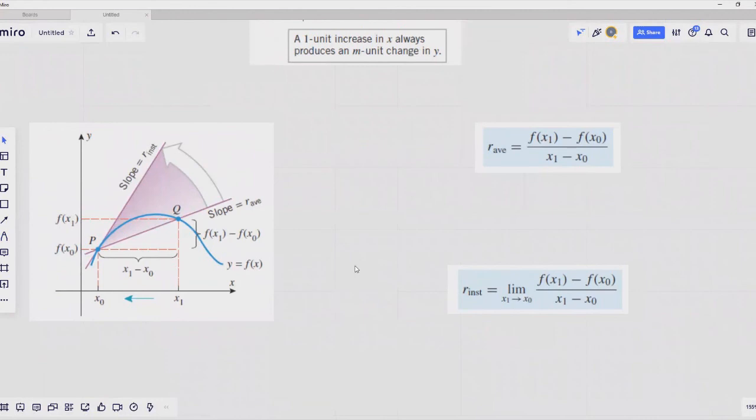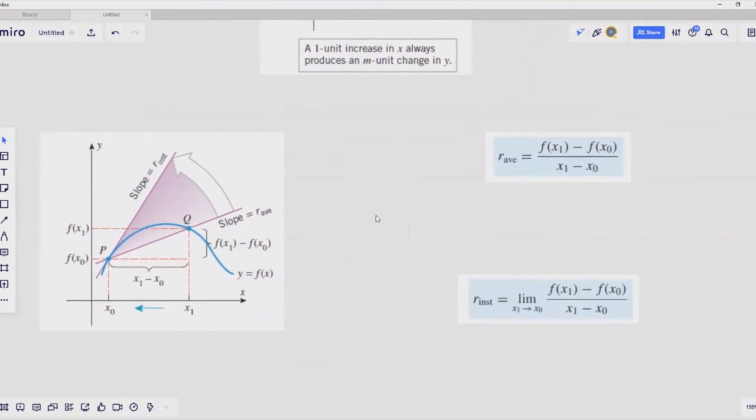We define the average rate of change of function f(x) on the interval from x0 to x1 as the following ratio, which is again the slope of the secant line: f(x1) minus f(x0) divided by x1 minus x0.